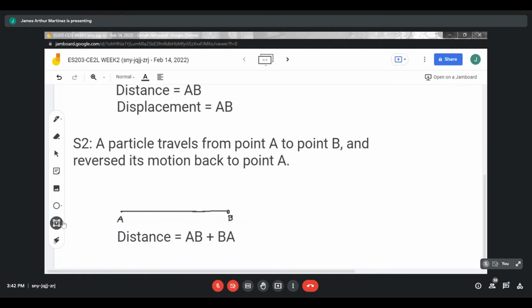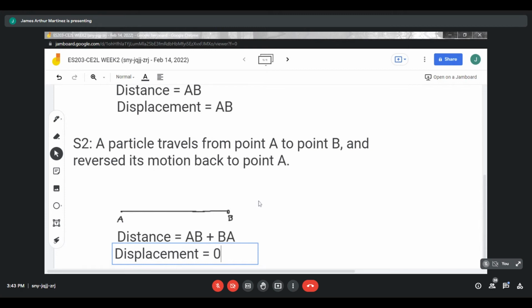And then the displacement. How much is the displacement in this case? The displacement in this situation is equal to 0. Why 0? Because the definition of displacement is the distance from an origin to the position occupied by the particle on its path of travel, or the path length from the final position relative to the original position.